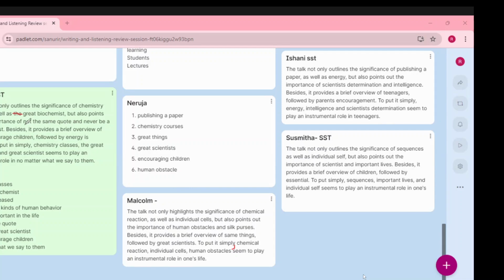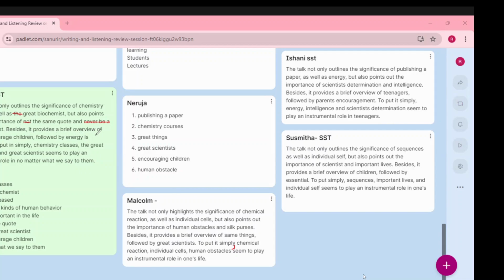Importance of, let's remove not, okay? The same quote and never be a great. Remove this one and let's keep a great scientist. Or else you can use great scientist one, okay?